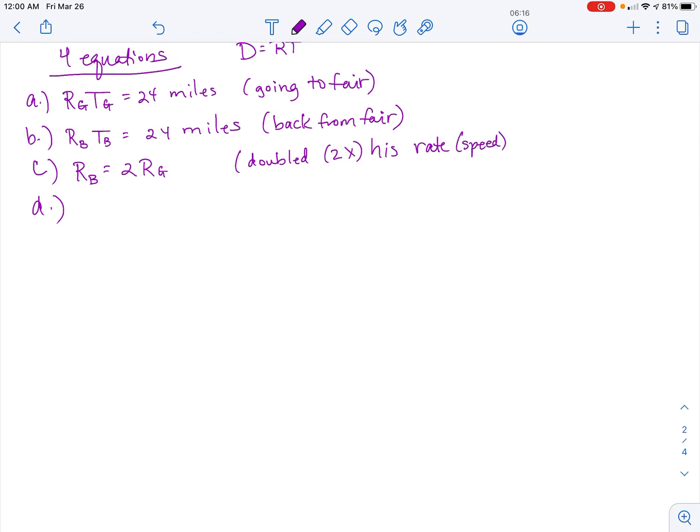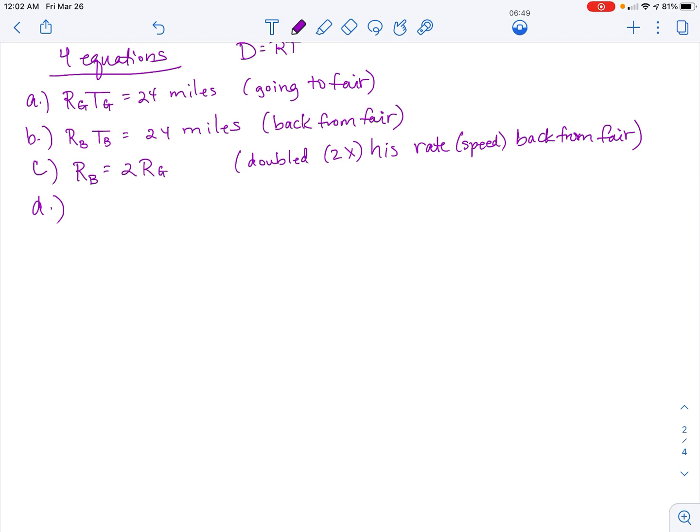Rate is always the speed, like miles per hour. So he doubled his rate on his way back from the fair. That says his rate coming back was double the amount that he was traveling going to the fair. I know it can sound complicated because the subscripted variables are tough to keep up on, but you're going to get the hang of it, I promise you.